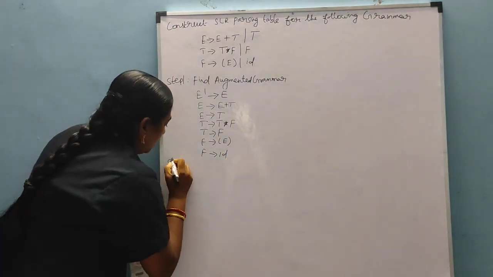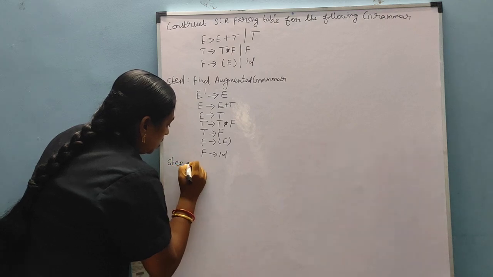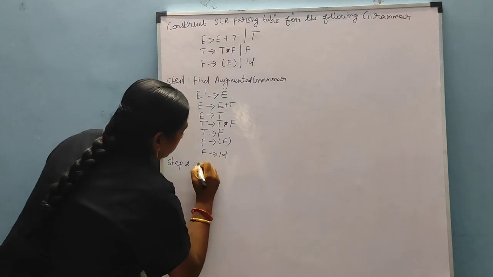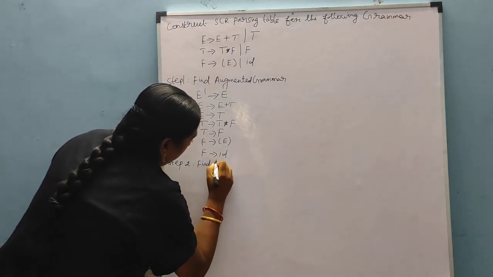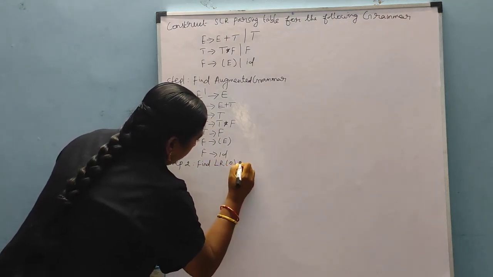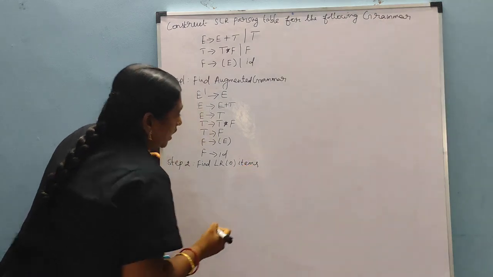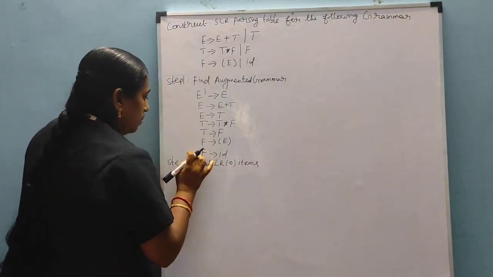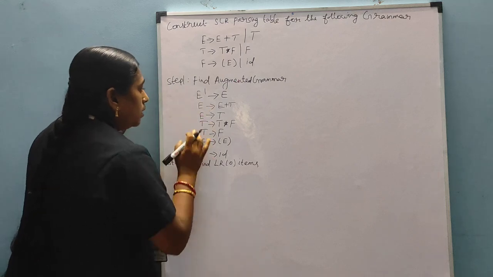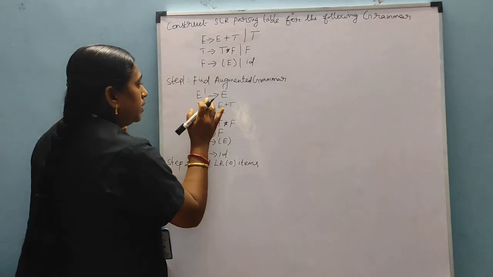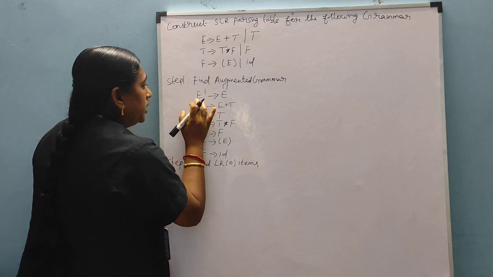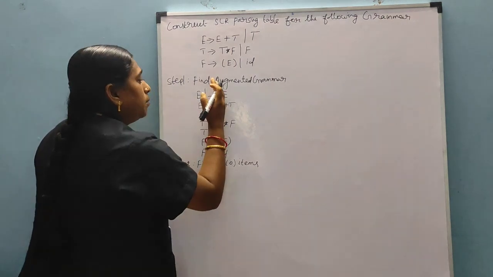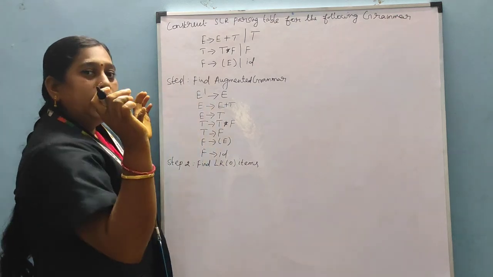After that, step 2, we have to find the LR0 items. LR0 item in the sense, for each production in that grammar, see for example our first production, E dash tends to E. Here, at the beginning of the right side of the production, we have to mark a dot.